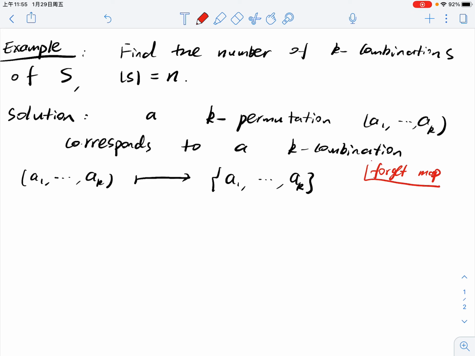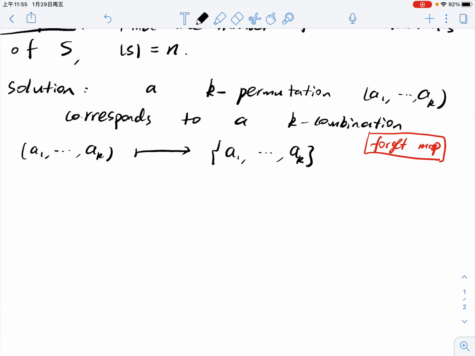Sometimes in some advanced textbooks, they call it a forget map. For each k permutation, we can assign it to a k combination. But now we note that there are many different permutations corresponding to the same combination.